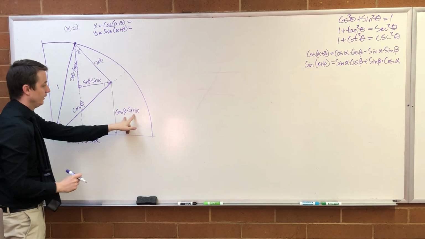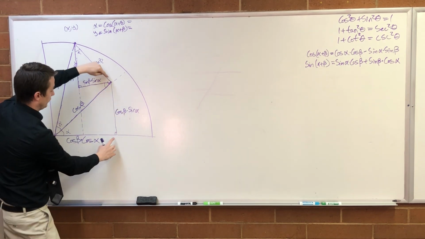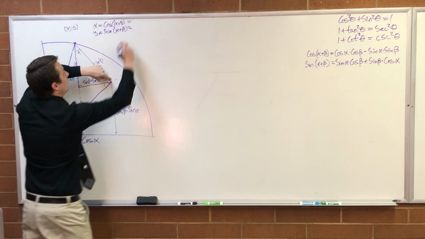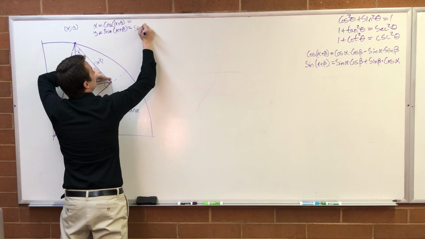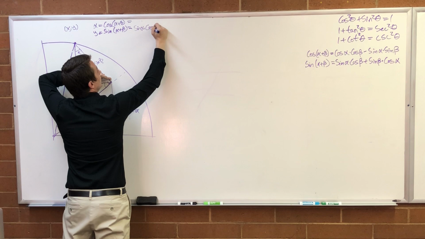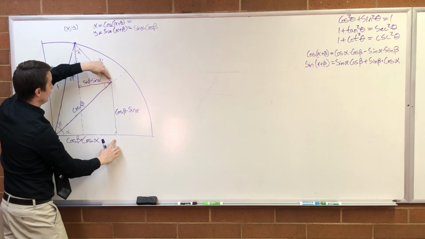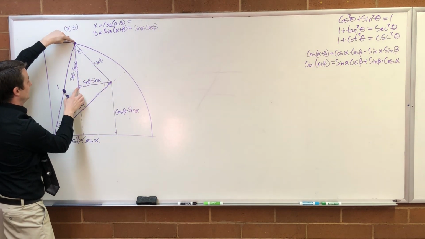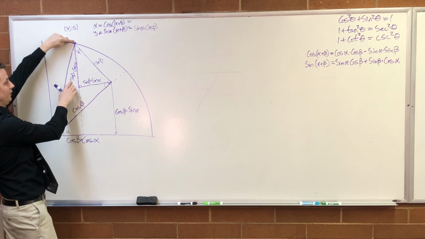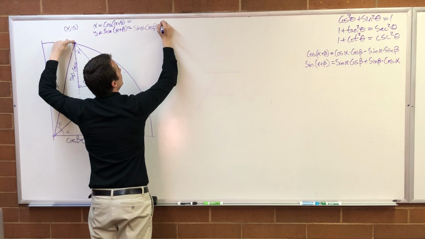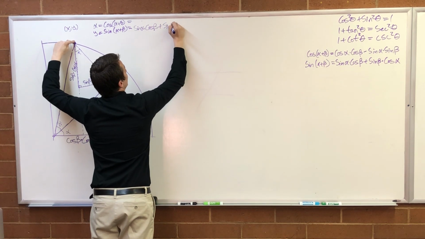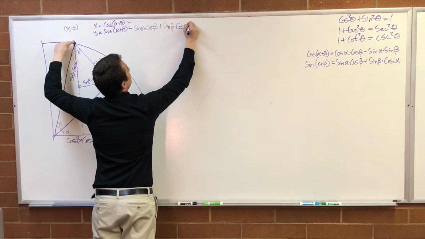So this distance right here is cosine beta sine alpha. I'm just going to flip those around and write sine of alpha times cosine beta. Same thing though, right? So that's this distance, plus this distance gets me all the way up there. This is sine of beta times cosine alpha, plus sine of alpha times cosine beta.